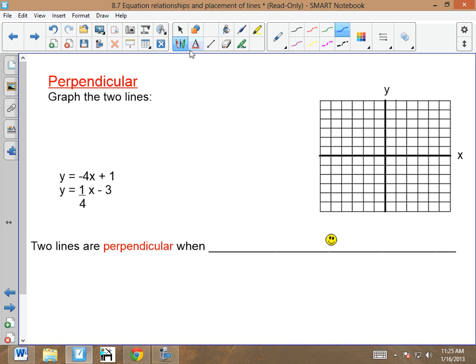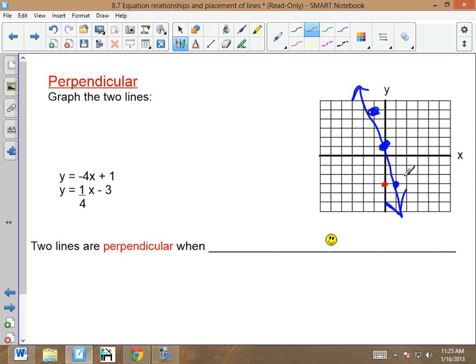Perpendicular. What shape do perpendicular lines make? Anybody know? My lines aren't very straight, so it might be kind of hard to see.